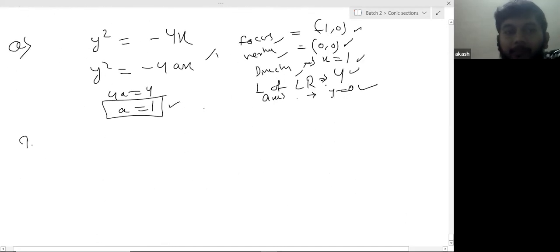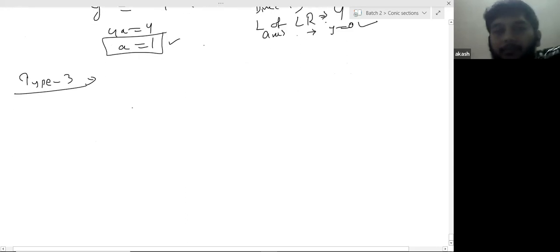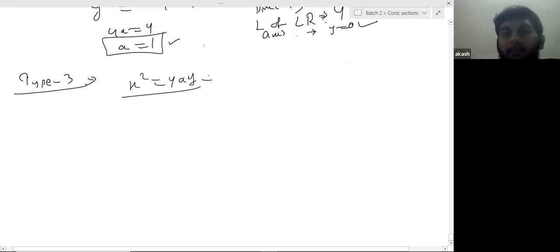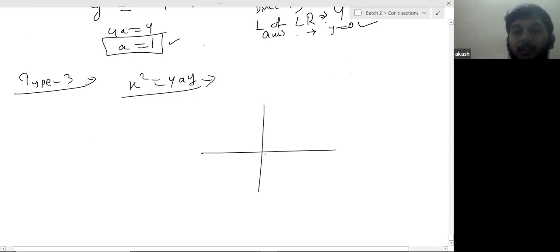Type 3. Atisha, what is type 3 equation? Type 3 is x square equals to 4ay, and the diagram of this is an upward facing parabola. So the focus should be here.